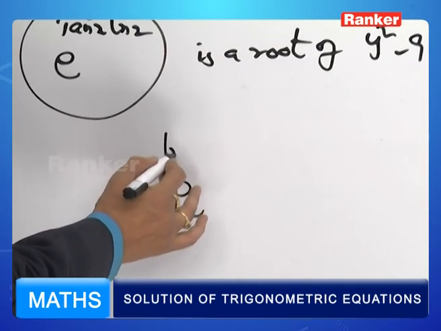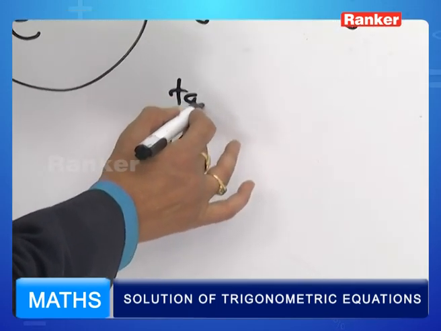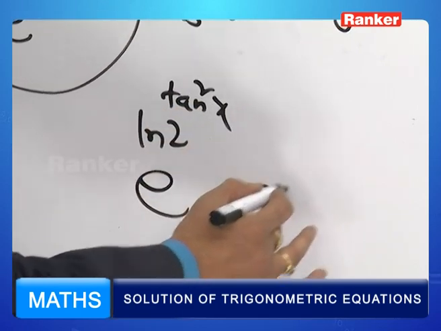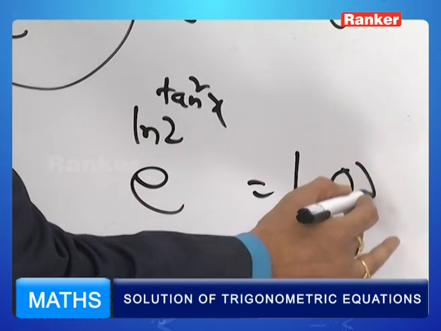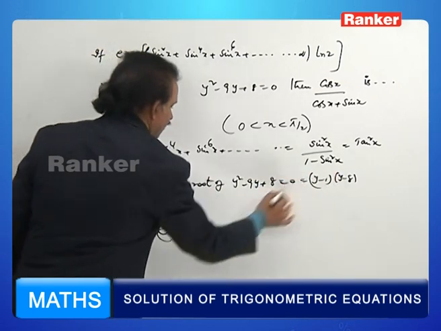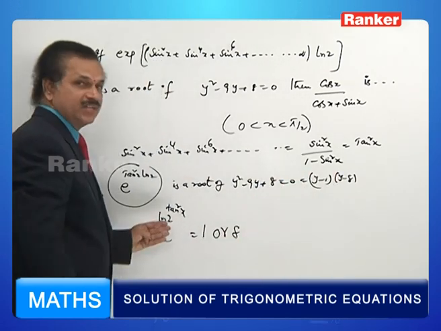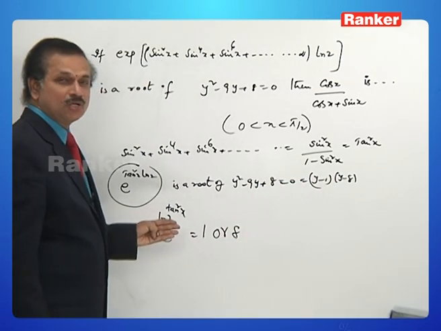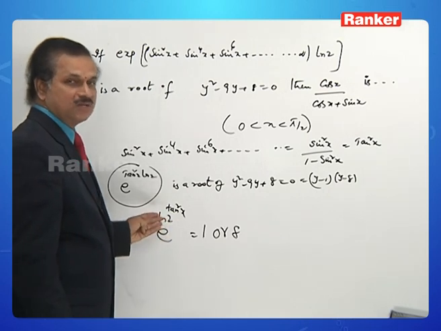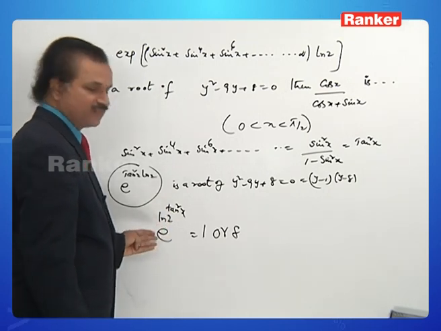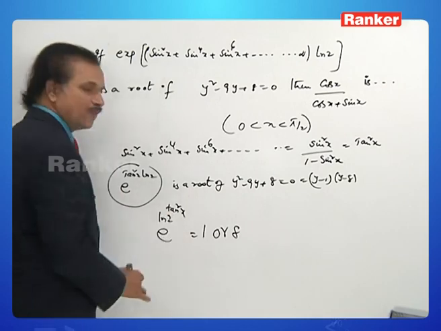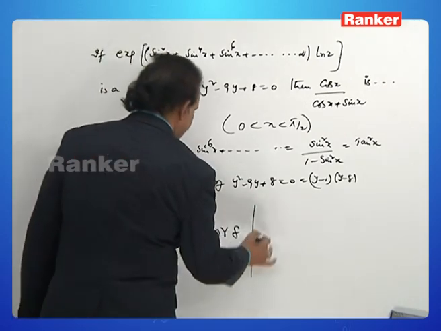E power ln 2 power tan square x is equal to 1 or 8. What is meant by ln 2? Log 2 to the base e, isn't it? So this is 2 power tan square x.